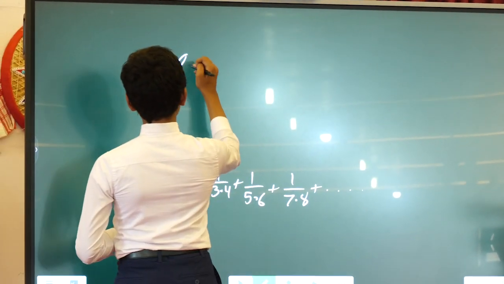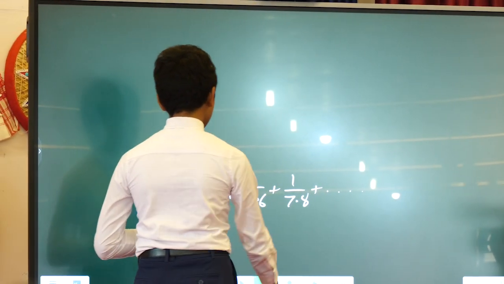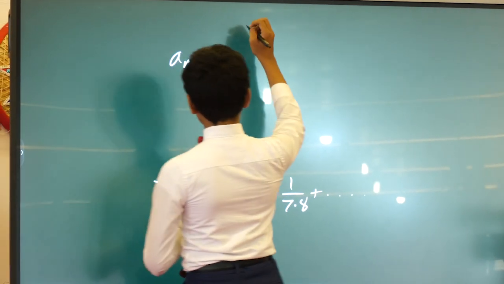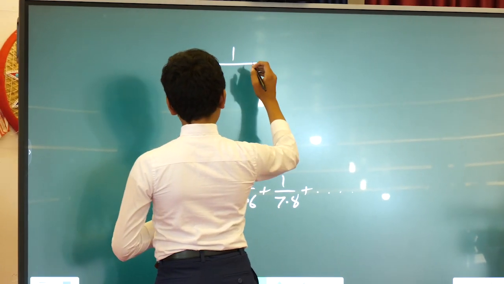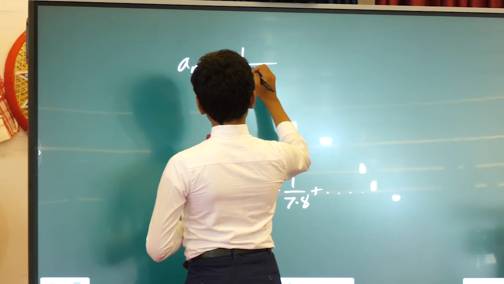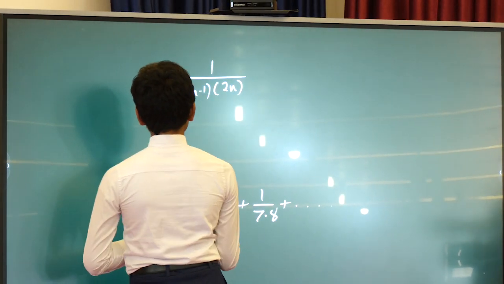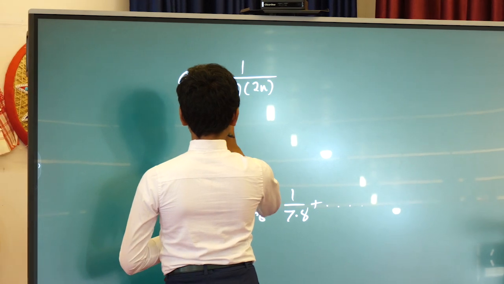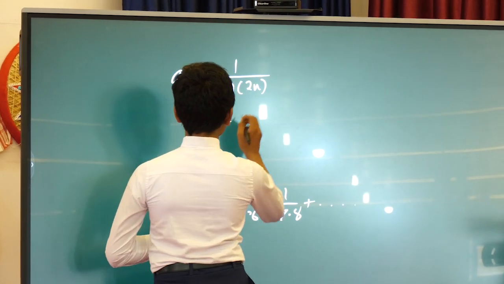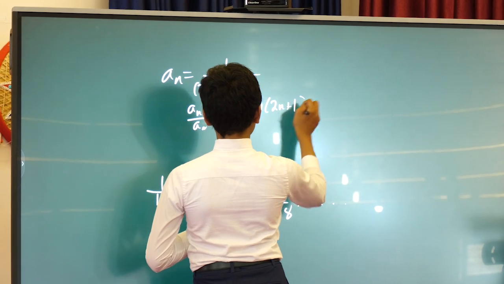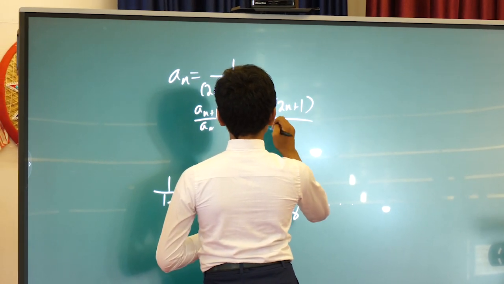So a_n is just going to be equal to, well, this is a_1, this is a_2. So this is just going to be equal to 1 divided by 2n times 2n minus 1. So that means a_(n+1) divided by a_n is equal to 2n times 2n plus 1 divided by 2n times 2n minus 1.